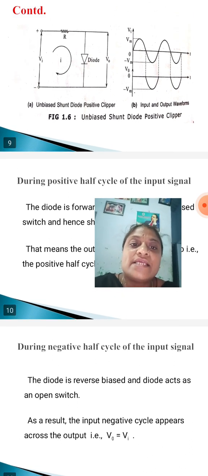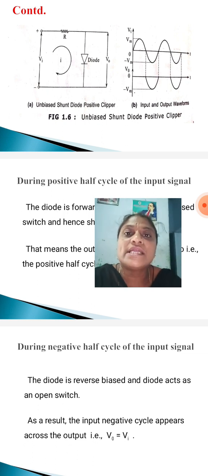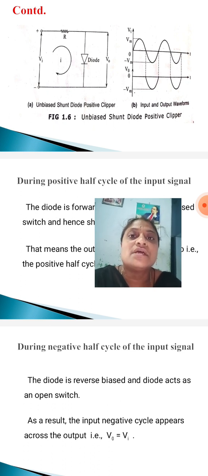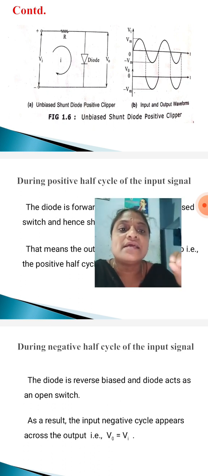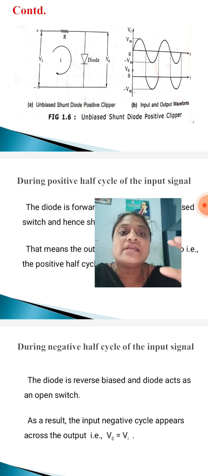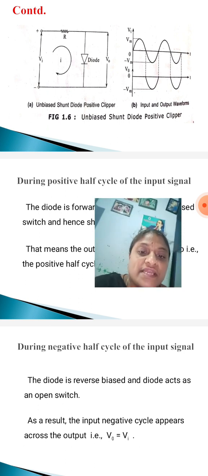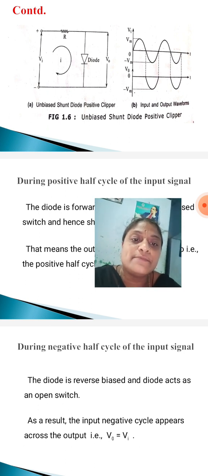I explain this. We apply the input voltage at the input side of the circuit, and it goes to the resistor. The total input voltage is given to the output, that's why the output is equal to the input.